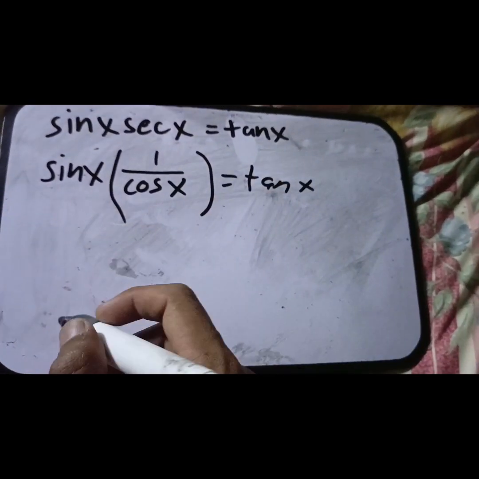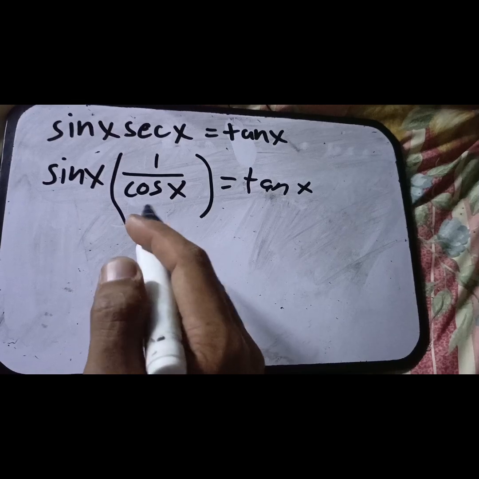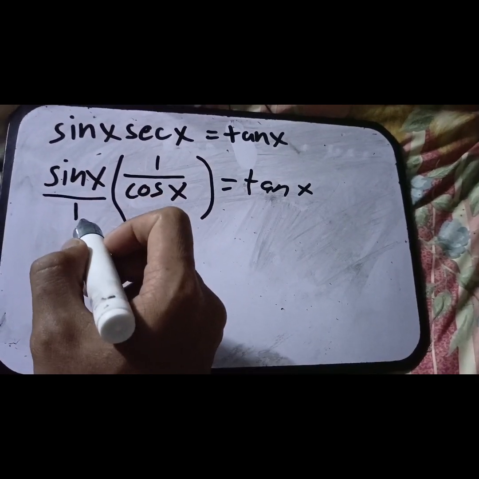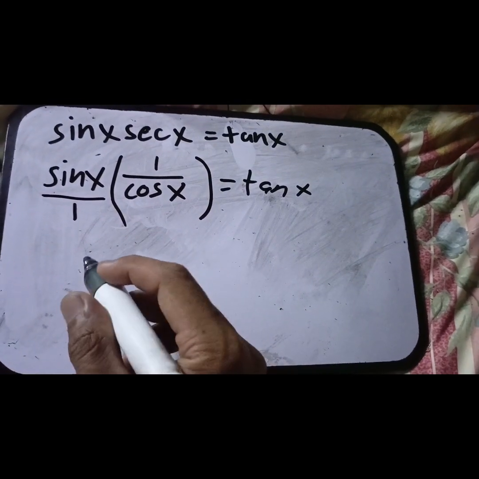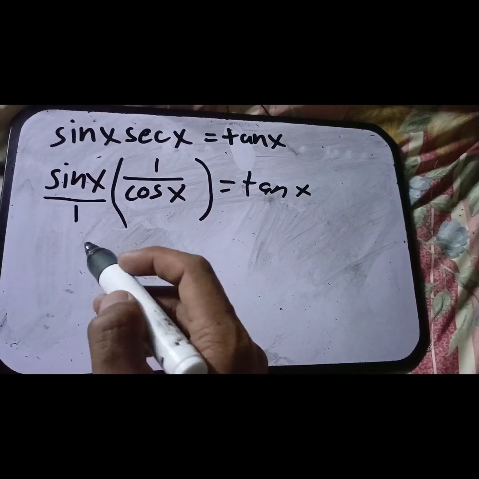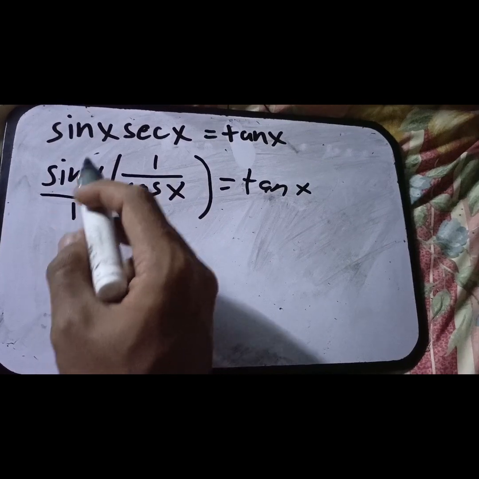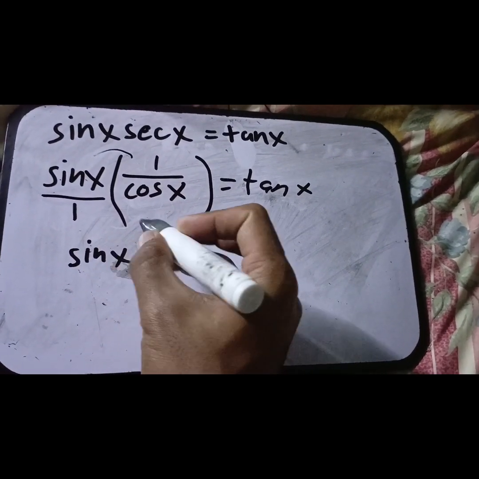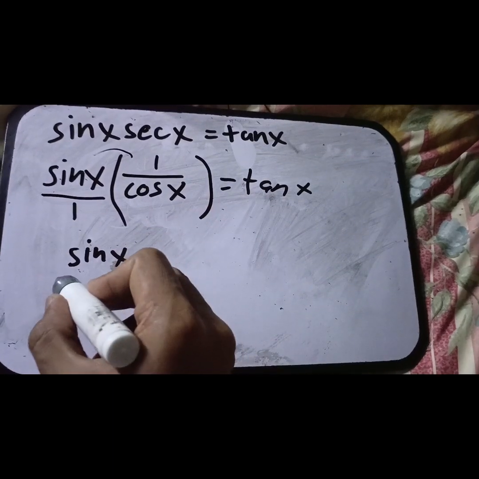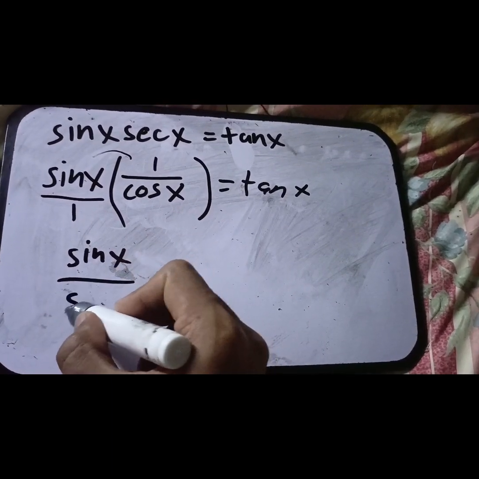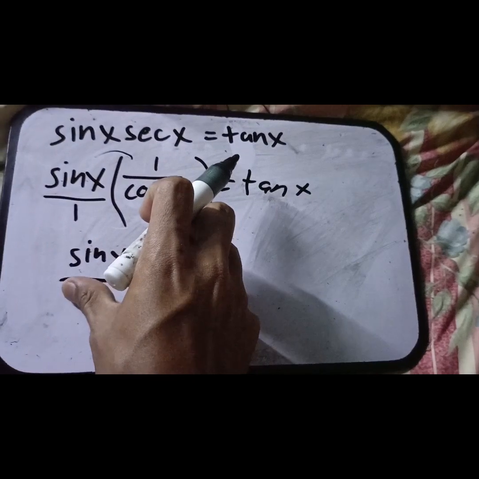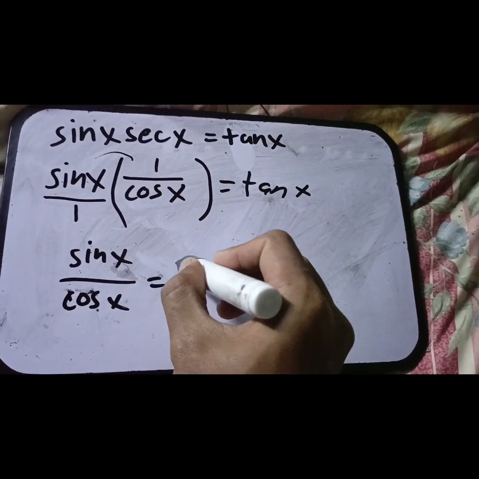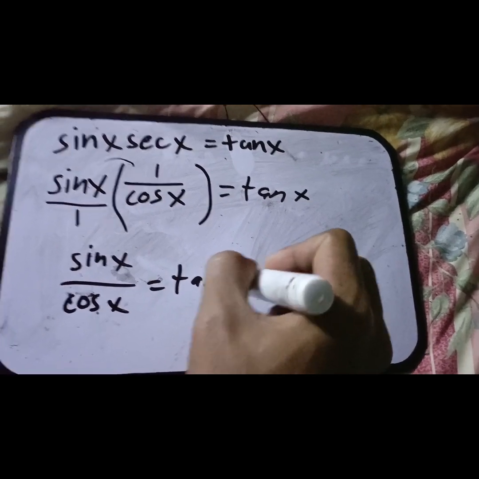Now we're going to multiply it, so you can put a denominator of 1 under the sine so you can multiply it easily. Multiplying sine by 1 is just sine x, then multiplying 1 by cosine x gives cosine x, so sine x over cosine x is equal to tangent x.